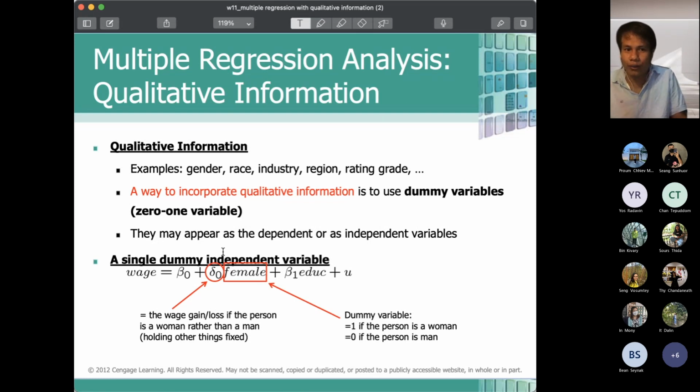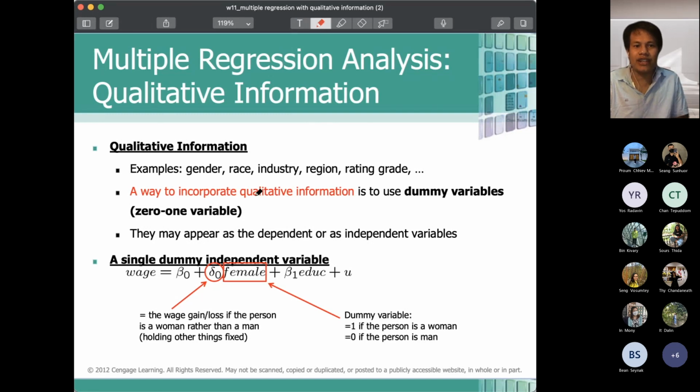Today, we are going to look at qualitative information. What variables contain qualitative information? Variables such as gender, race, industry, region, rating, grade. These are examples of qualitative information, right?